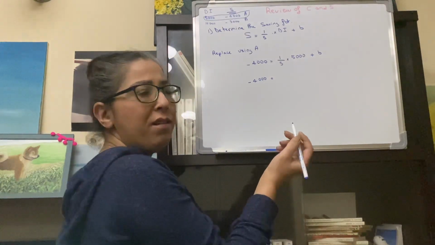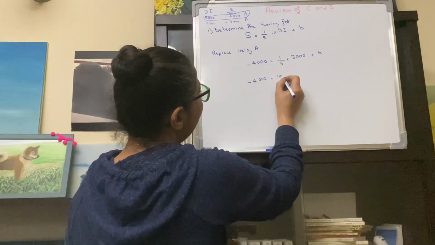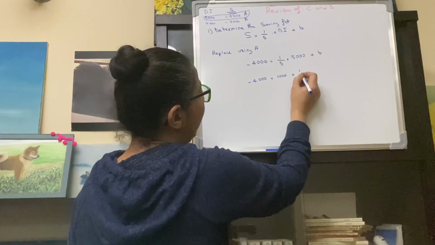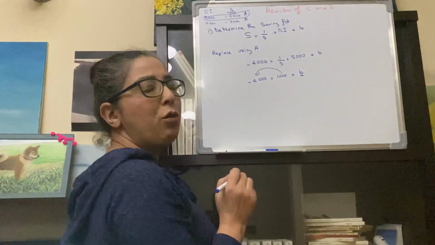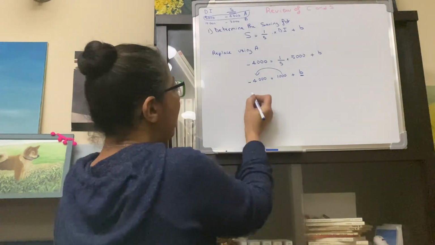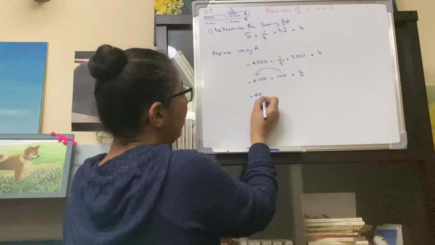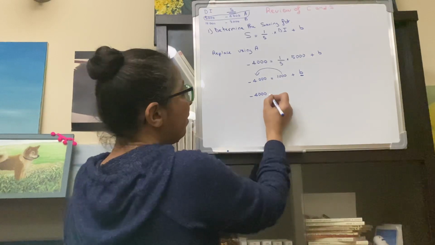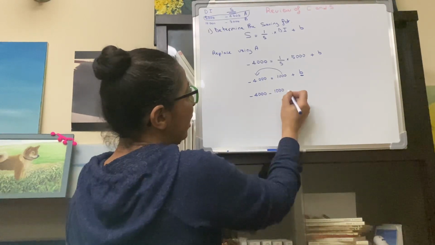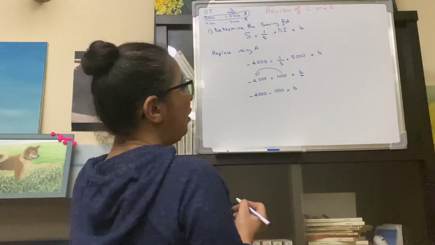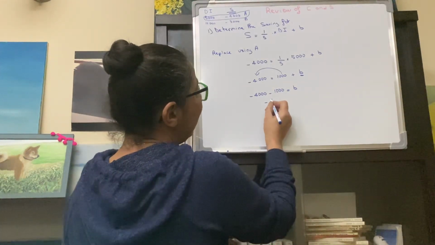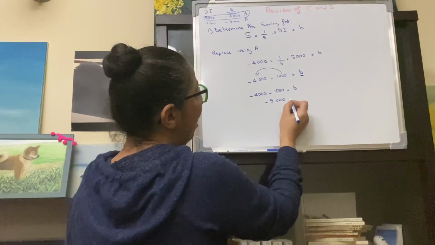How much is it? 1,000 plus b. I'm going to keep the b here and move this one over here. So it's going to give me minus 4,000 minus 1,000 is equal to b. So b is equal to minus 5,000.